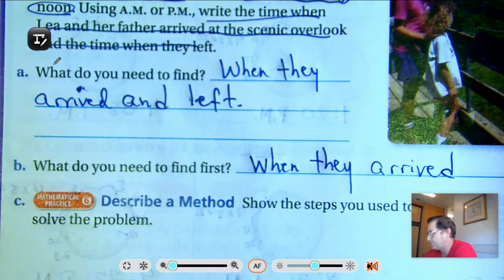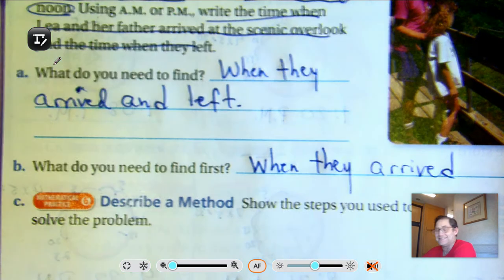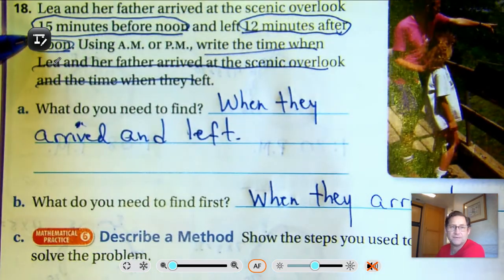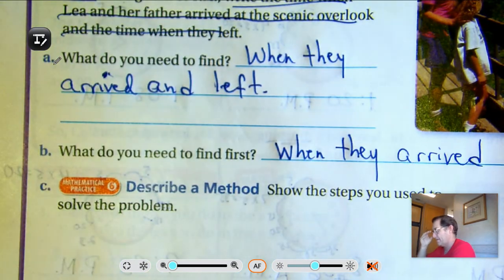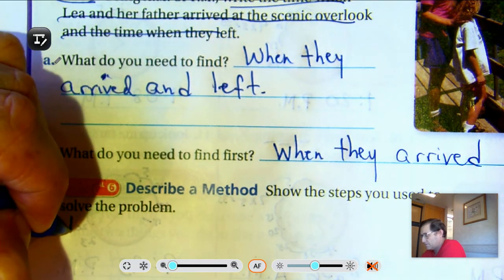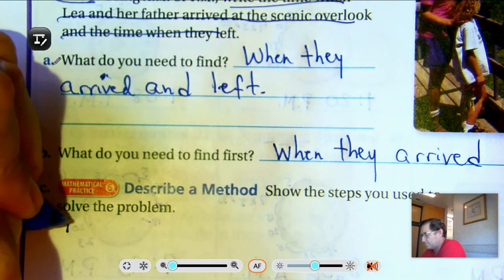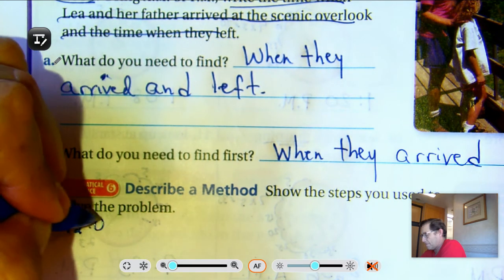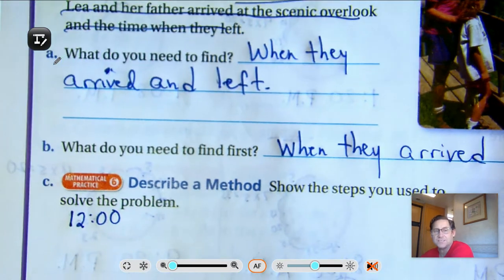All right, show the steps you used to solve the problems. It says 15 minutes before noon. So if it was 12 o'clock, that's noon, right?